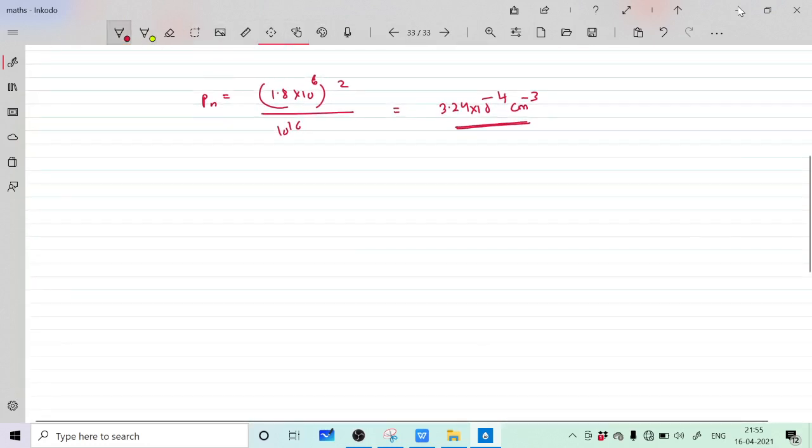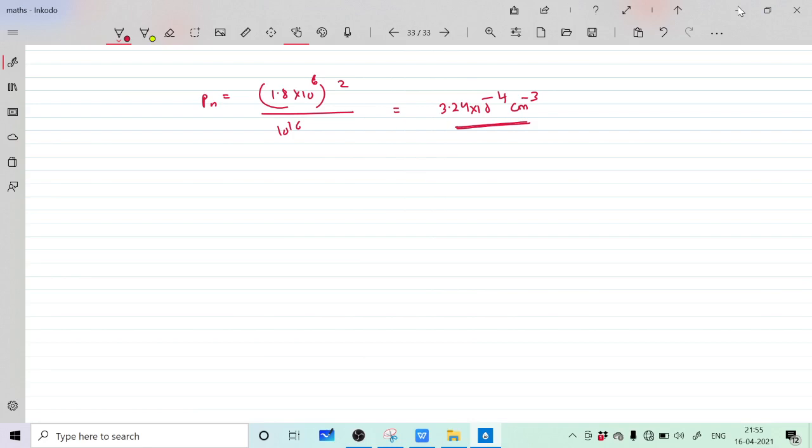Now the drift current density. J is equal to e mu n Nd into E, which is also sometimes written as sigma E. Okay, so we have everything.